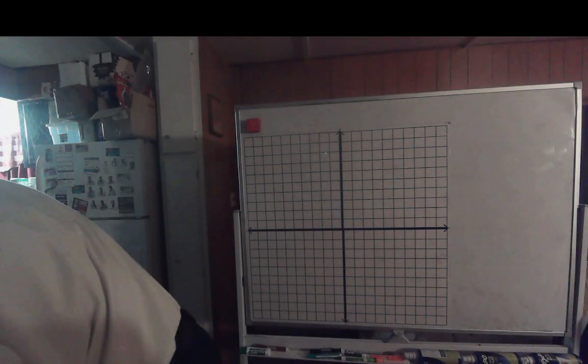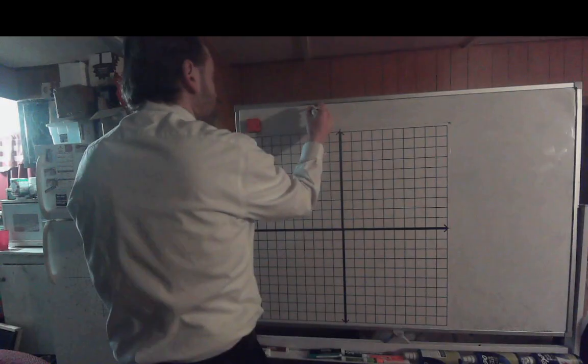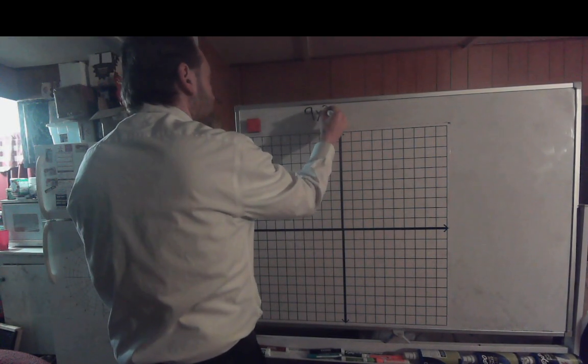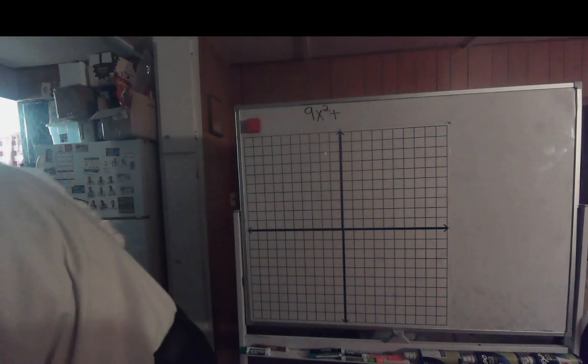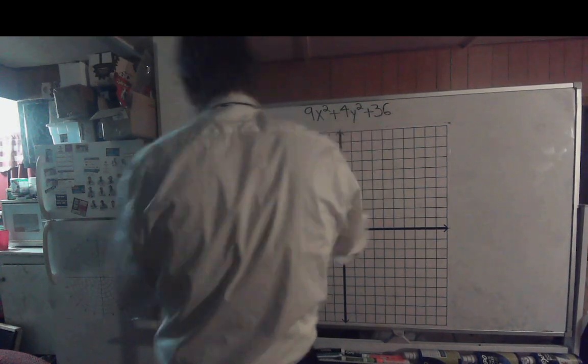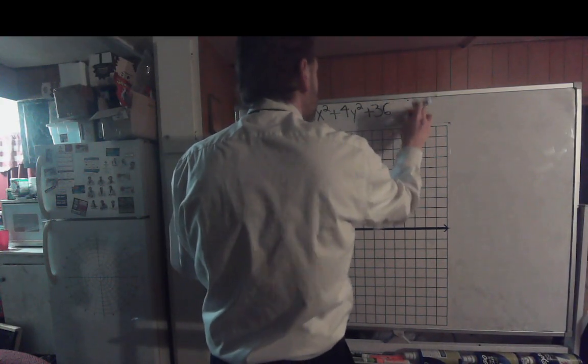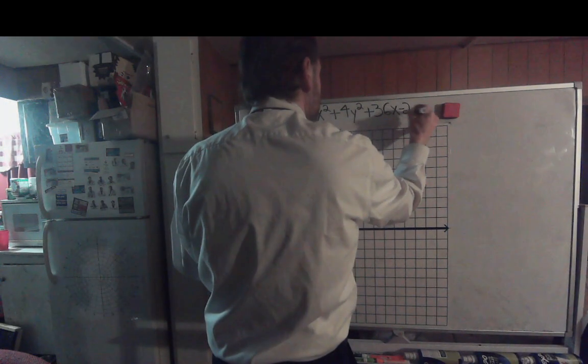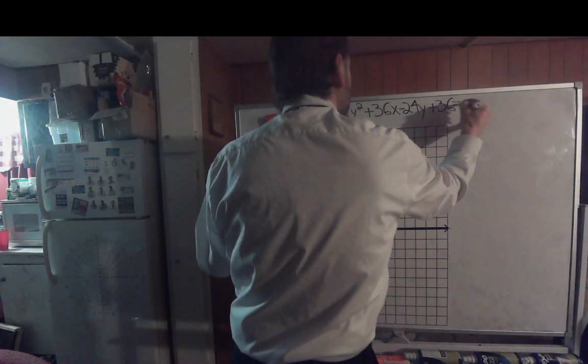What if you were given this equation? So you have 9x squared plus 4y squared plus 36x minus 24y plus 36 equals 0.